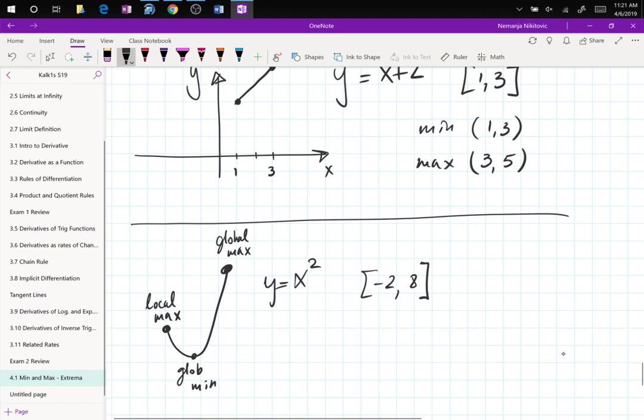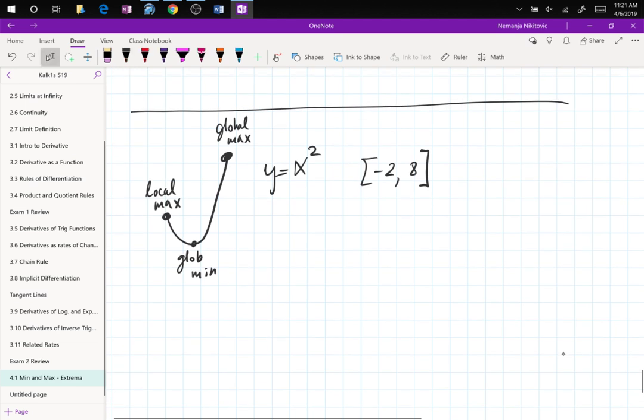So this quadratic, x squared, we knew before it only had a global min, right? But by using these points, we were able to create a global max and a relative max in addition.